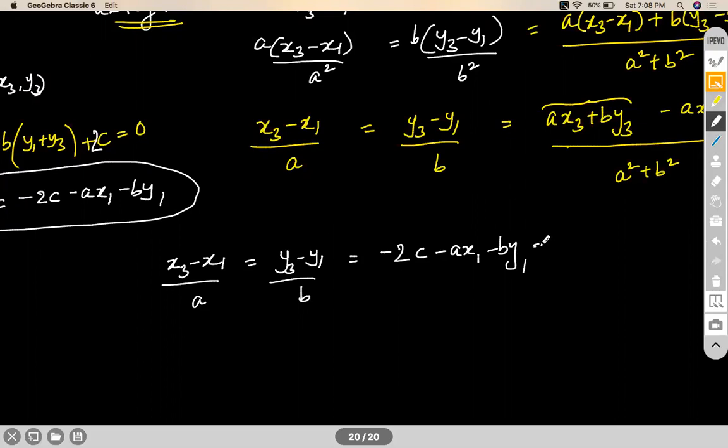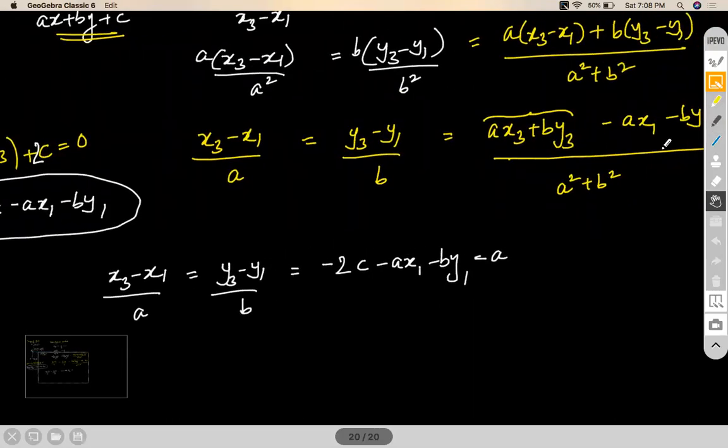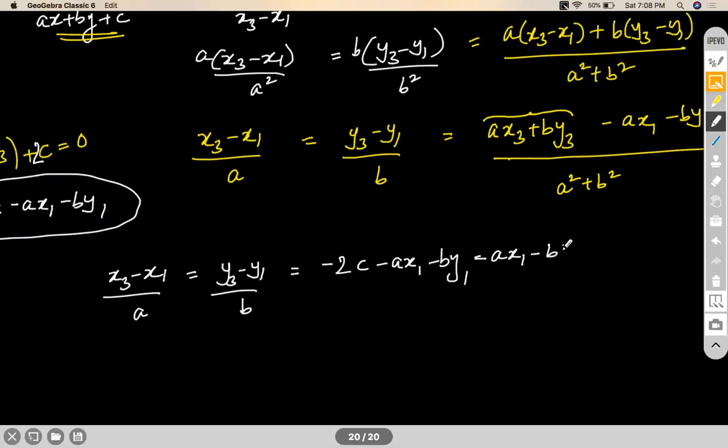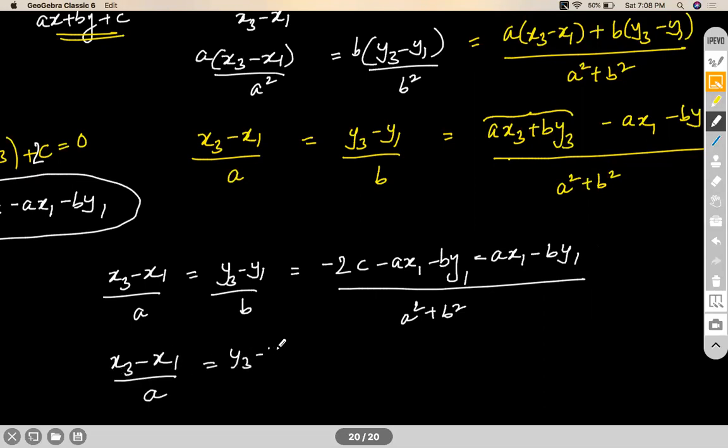Yes, so I'm replacing this with minus 2c minus ax1 minus by1, and here I already have the minus ax1 minus by1 term present. So I can take 2 common because now I will have 2ax1 and 2by1 terms also.